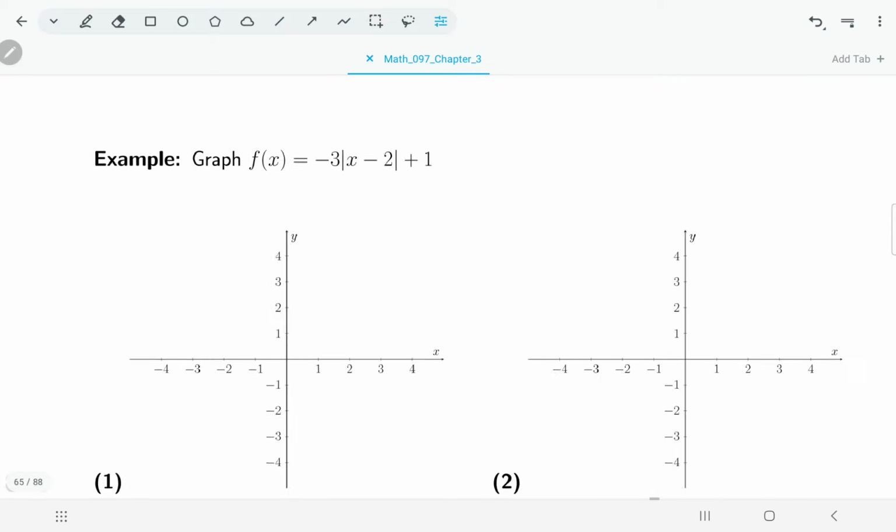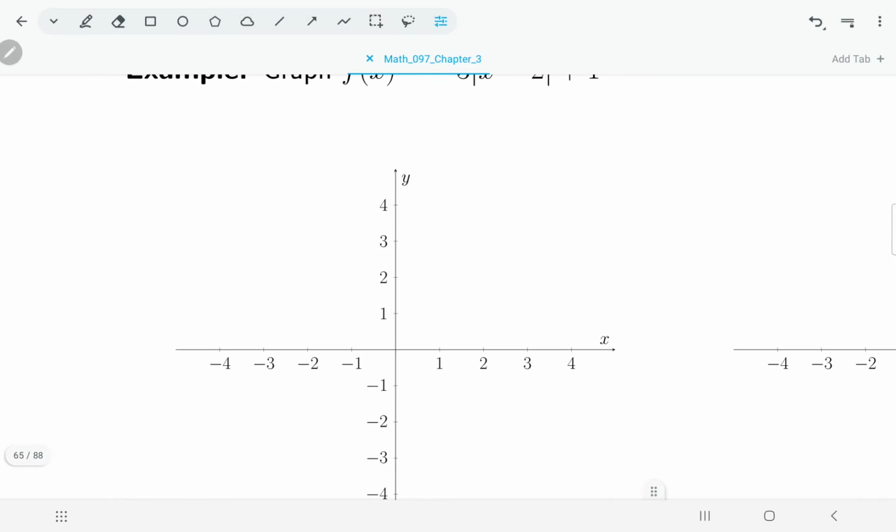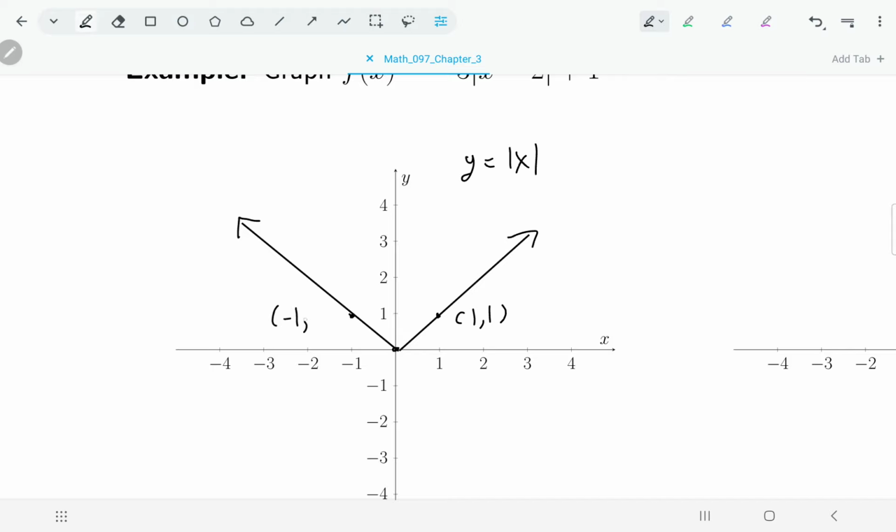So let's start with absolute value of x, which passes through (0, 0), (1, 1), and (-1, 1). There we go. And let's just label that with its equation and the coordinates of its points. There we go. Basic shape accomplished.